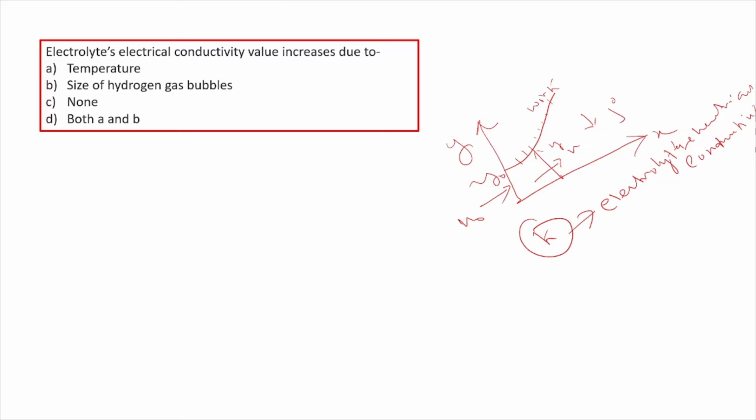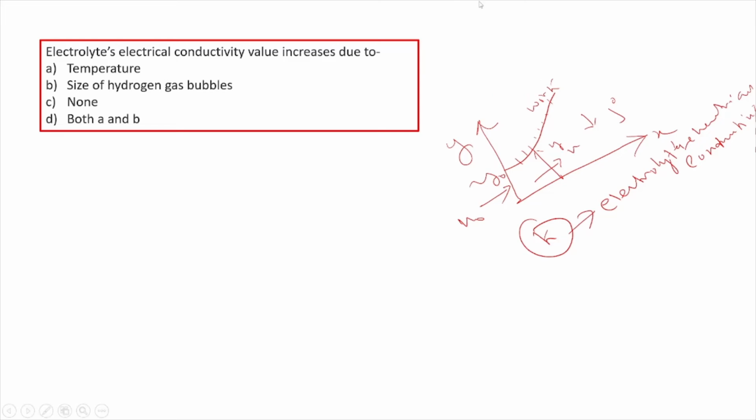In the same manner, the electrolyte's electrical conductivity also plays a role. Temperature increases the k value, the electrical conductivity, and hydrogen gas bubbles decrease the k value.